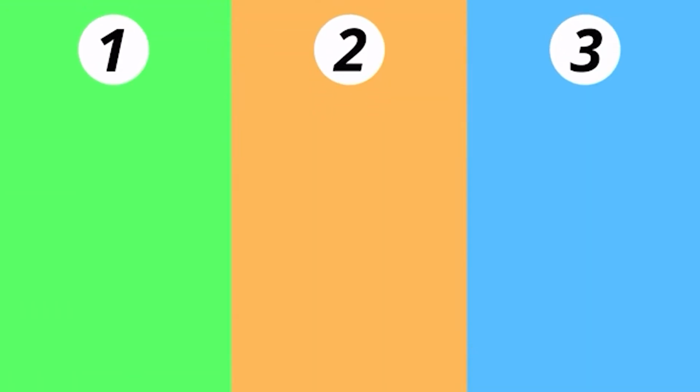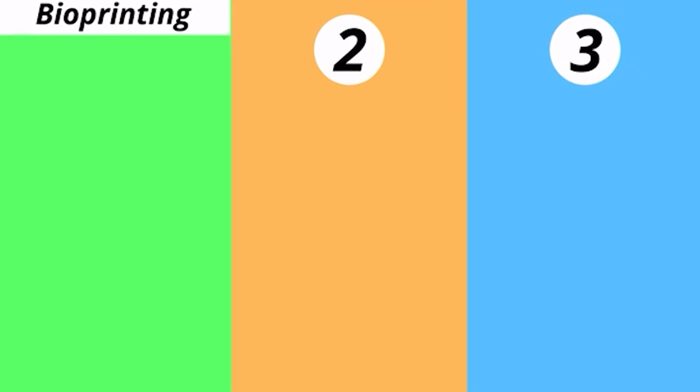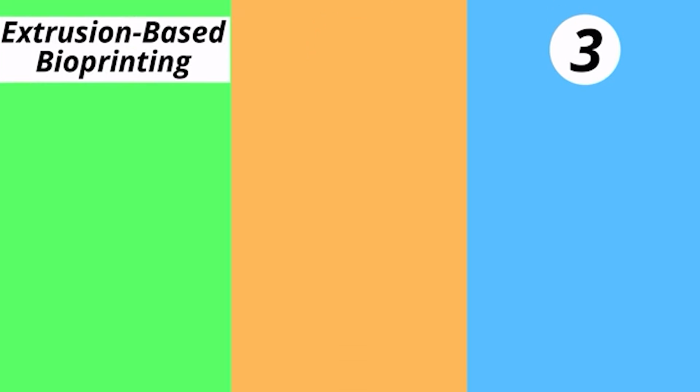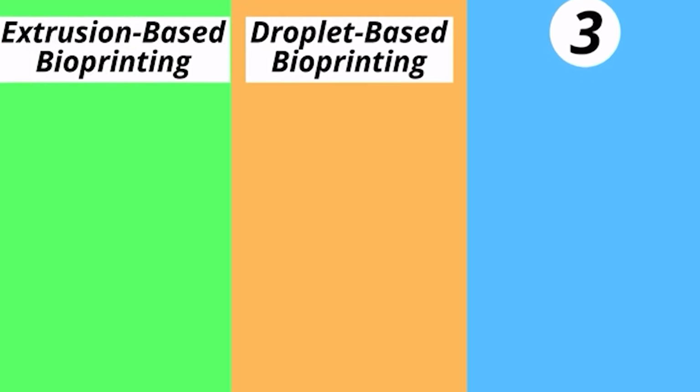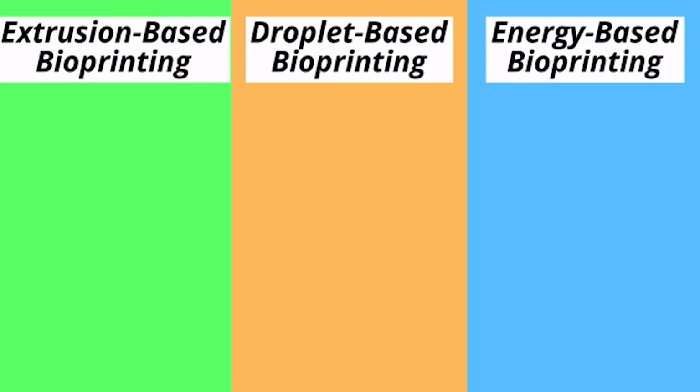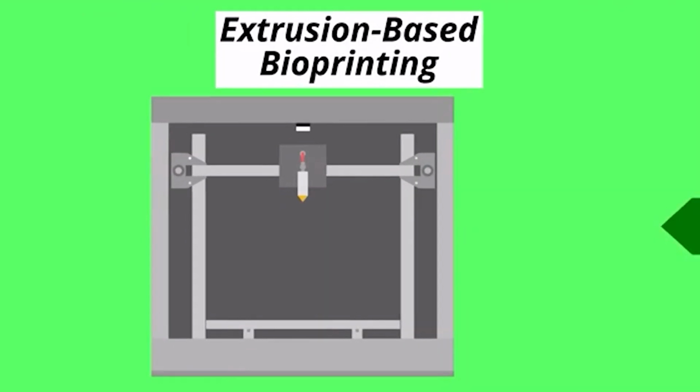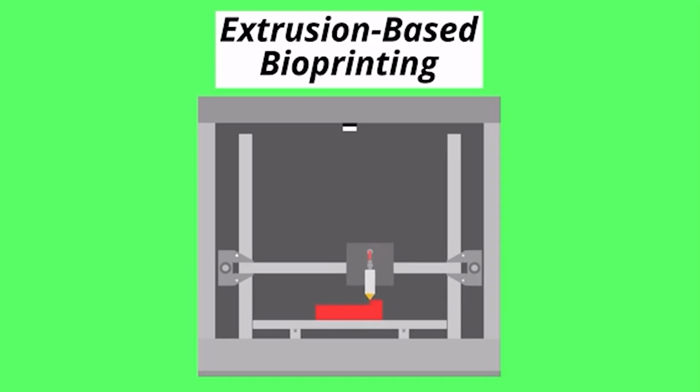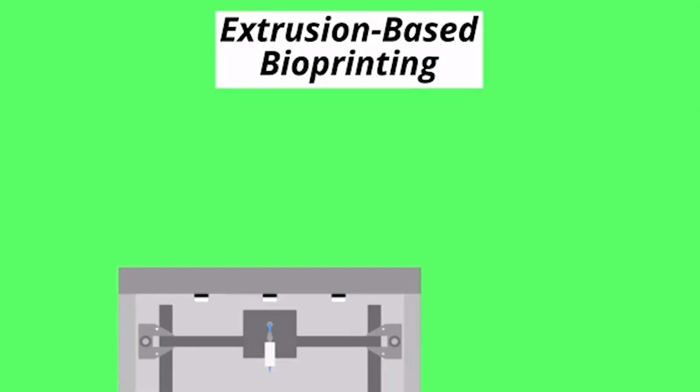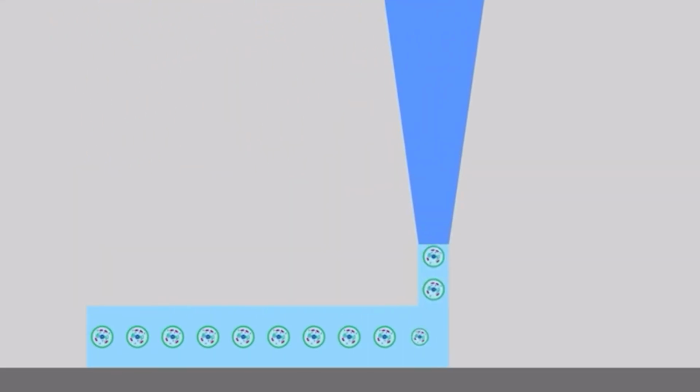I choose to group the various bioprinting methods into the following categories: extrusion-based bioprinting, droplet-based bioprinting, and energy-based bioprinting. Extrusion-based bioprinting is similar to what most people would think of when they think of conventional 3D printers. It involves forcing continuous filaments of a material through a nozzle.